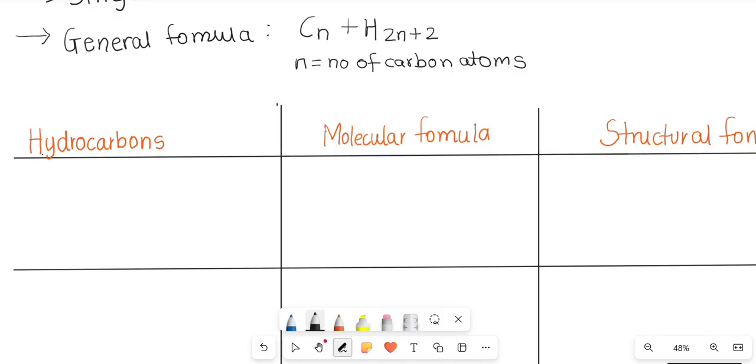The hydrocarbon we'll be looking at first is methane, which is CH4. Methane, the molecular formula after substituting in this equation is CH4.